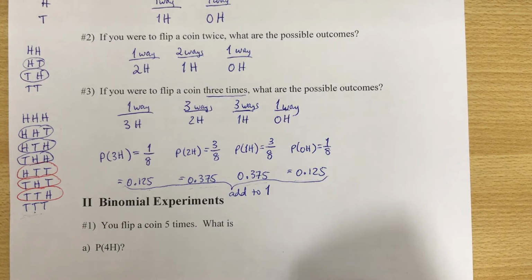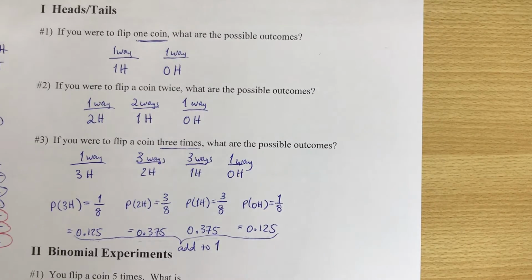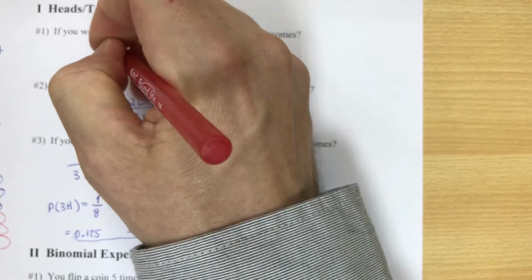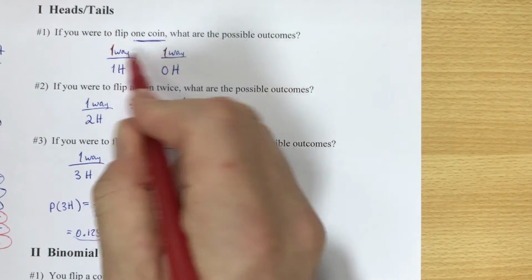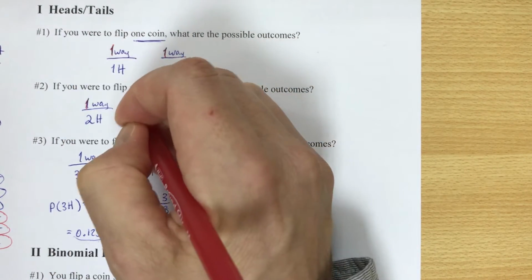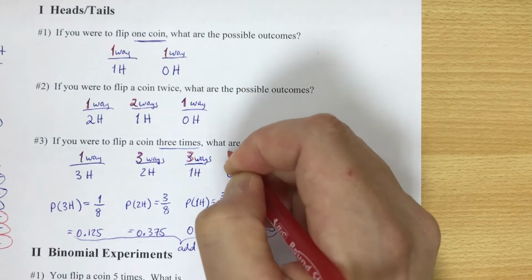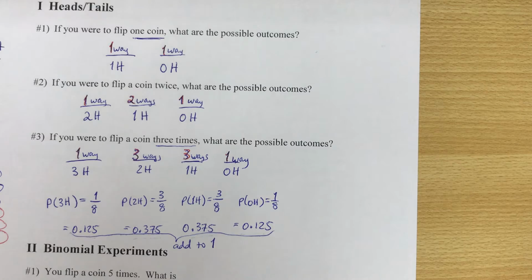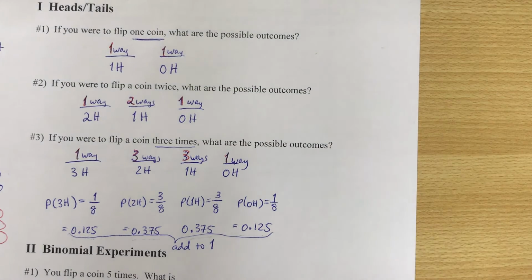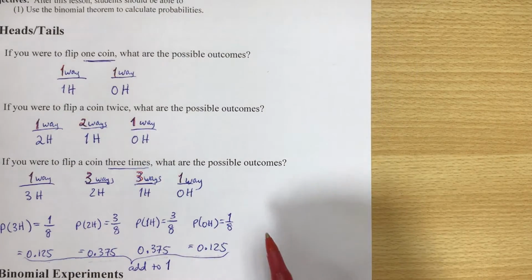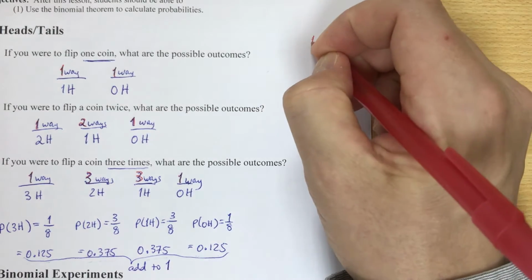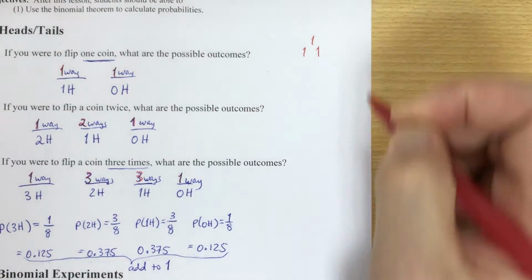Now, the reason why we work this out is that when you start looking at the numbers here, there's a little pattern that comes up. If you look at the number of ways of doing this, 1, 1, 1, 2, 1, 1, 3, 3, 1, this is a famous pattern called Pascal's triangle. Pascal's triangle looks something like this on the side, 1, 1, 1.